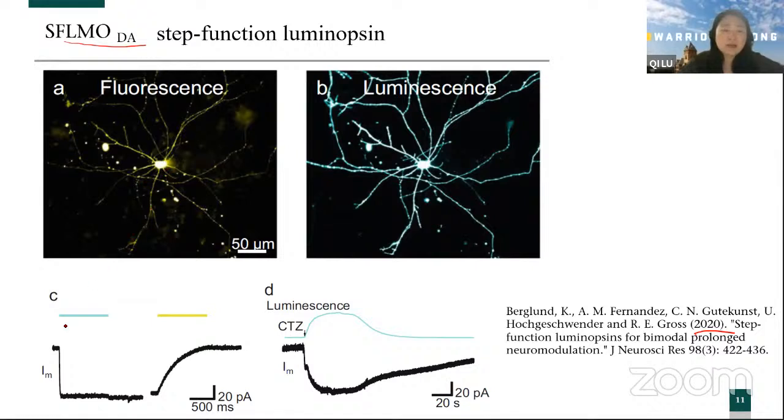Then they can activate it directly with blue light. You can show this is a light response with an intracellular cation current, and it's bistable. It can be turned off with a yellow light.